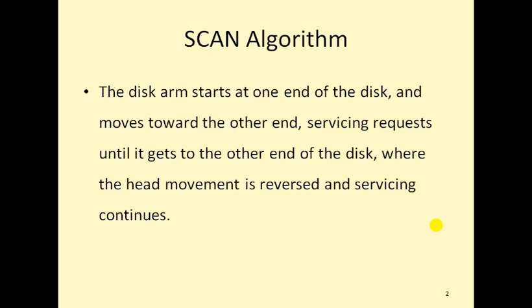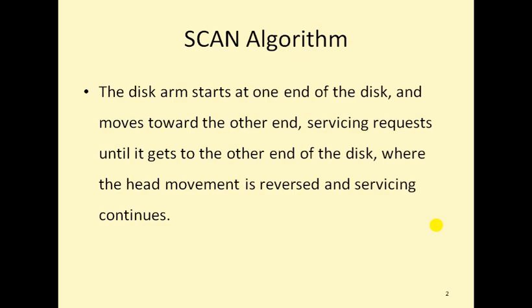Our head is positioned somewhere. From there you move either left or right. When you move left, you cover all the tracks available in the queue, and that move goes towards the end of the track.